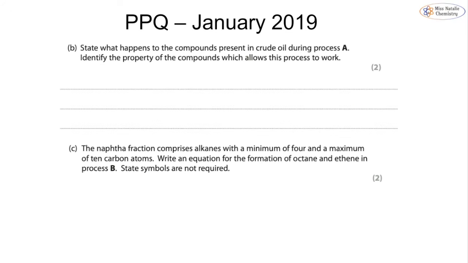So part B is looking for what happens to the compounds that are present in the crude oil during this process, and then what is the property that allows it to work. So the first part is the process in order to actually separate them. So we get evaporation followed by a condensation reaction.